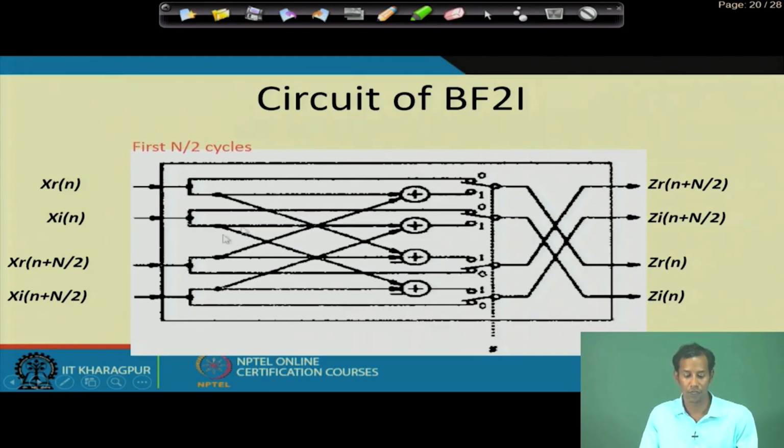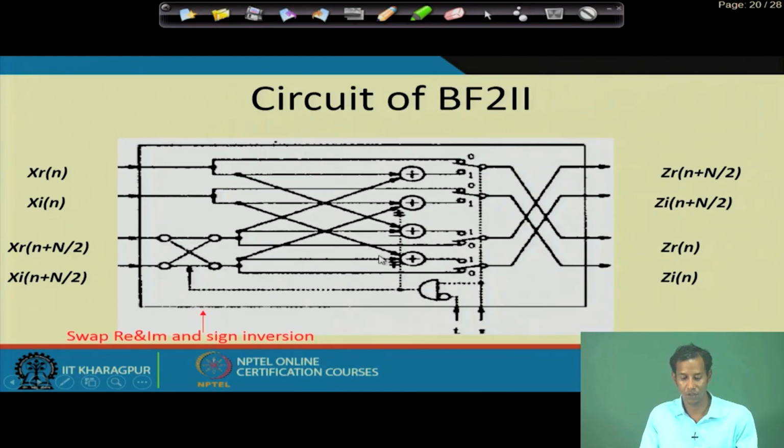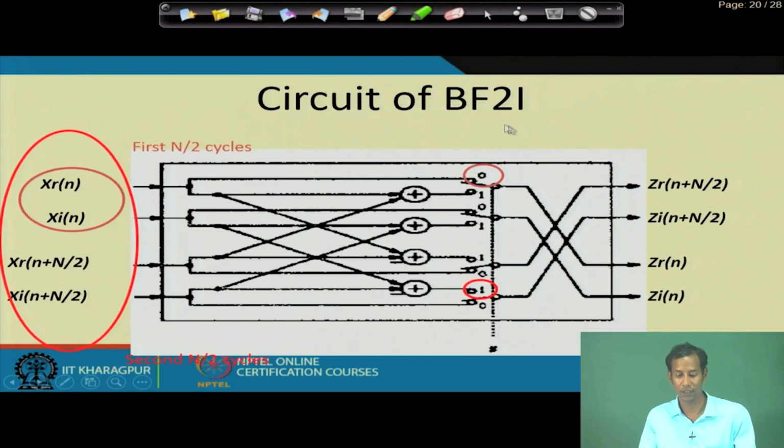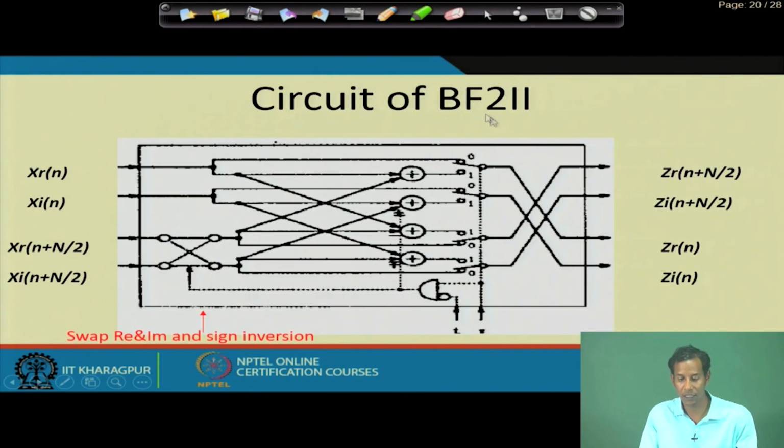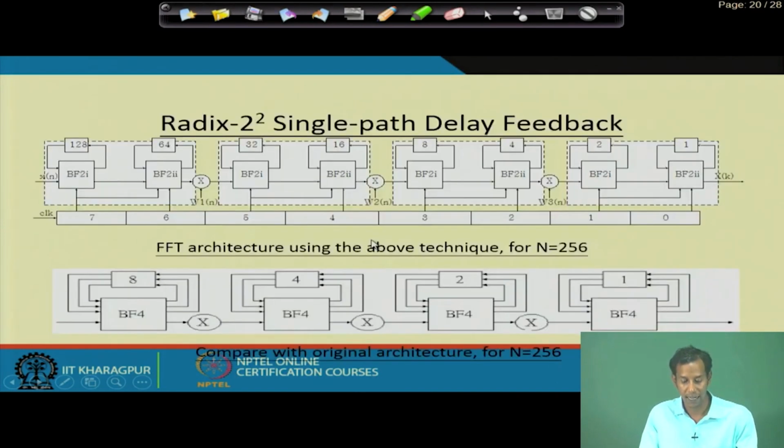This is the BF1 architecture and this is the BF2 architecture, and a combination of them gives the radix 2 square single path delay feedback architecture. Here we have BF2I and then BF2 2I, considering the above decomposition that we used in the equation shown earlier.